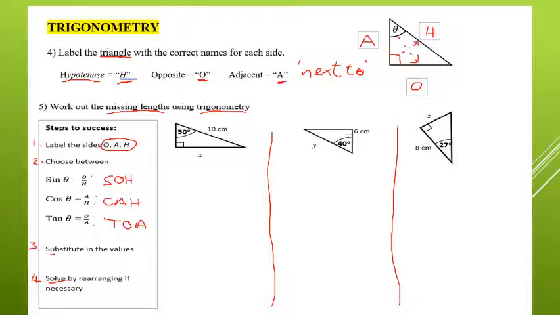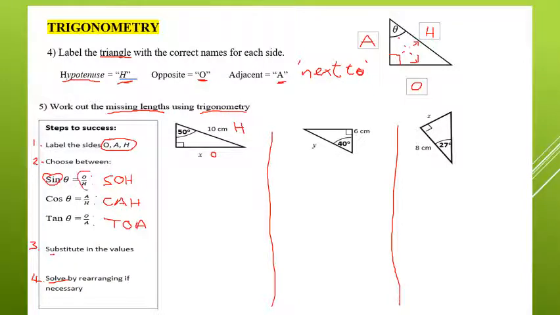The first thing I would do is look at this triangle. I can see 10 is opposite the right angle, so that's the hypotenuse in this question, and the side X, which we need to find, is opposite the marked angle, so I'd label this with O. Because the two sides I've marked are O and H, I would be using sine.